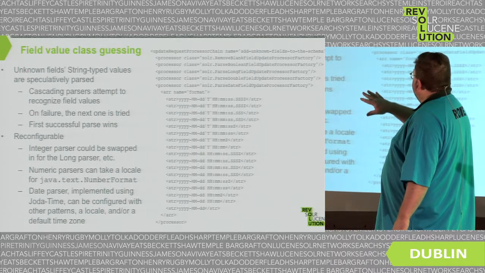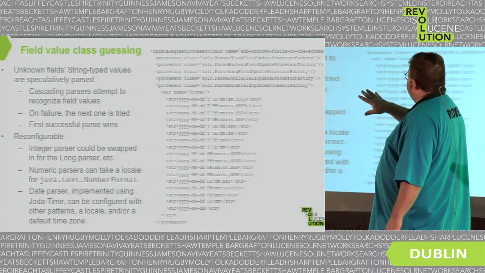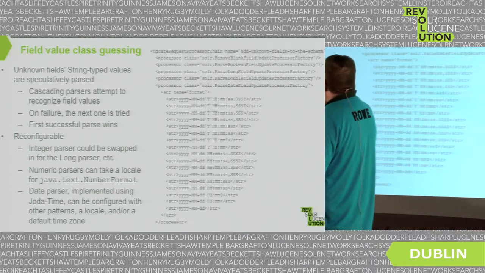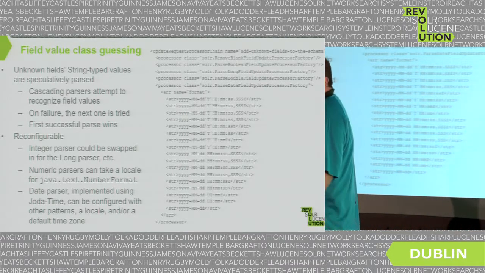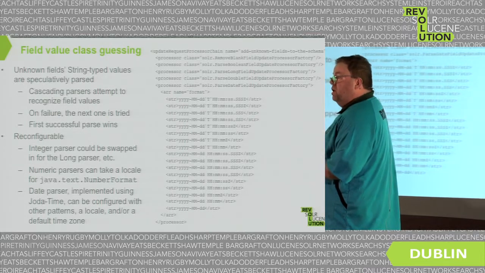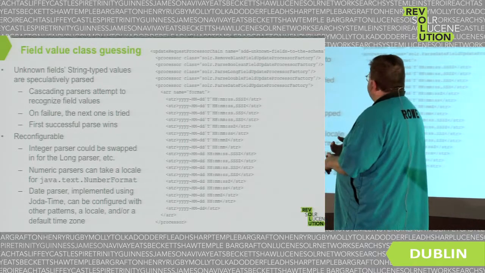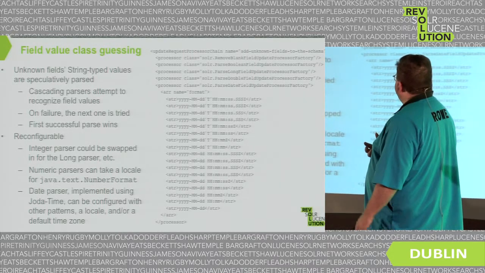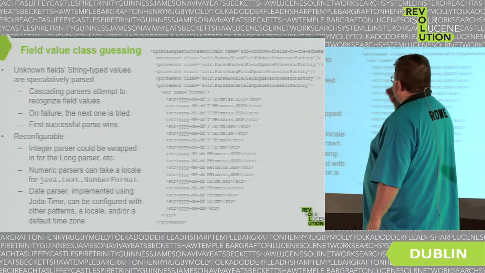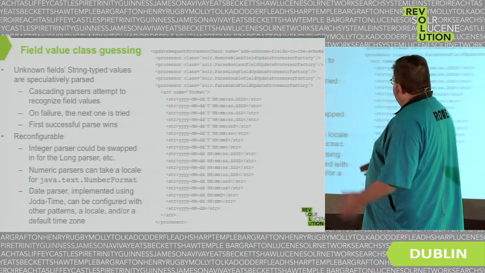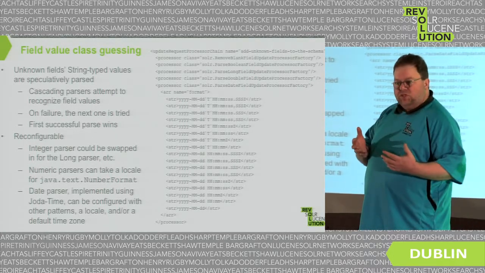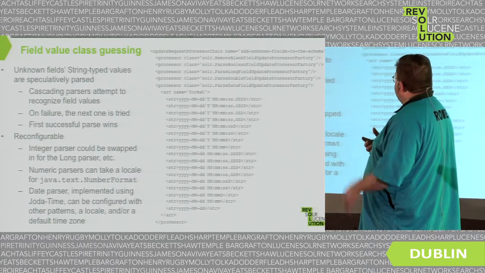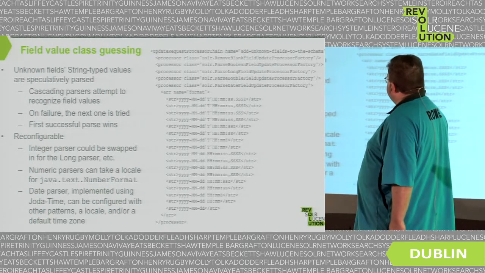So field value class guessing isn't required for those types, such as floats and integers, that JSON is capable of parsing and providing a type for. Dates are not among those, so if you submit a date using a JSON format for a new document in a field that's not already in the schema, then it will be doing the field value class guessing for it.